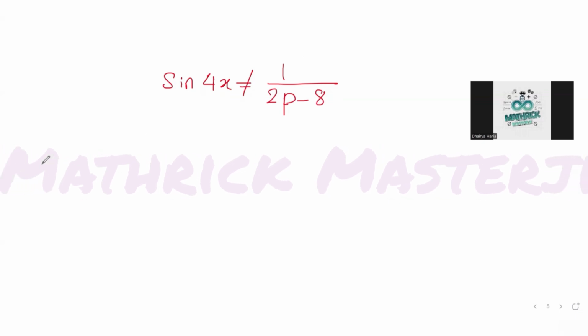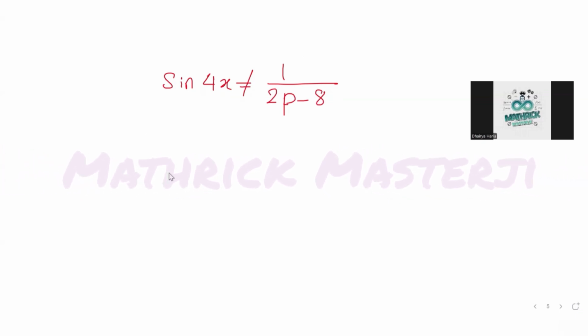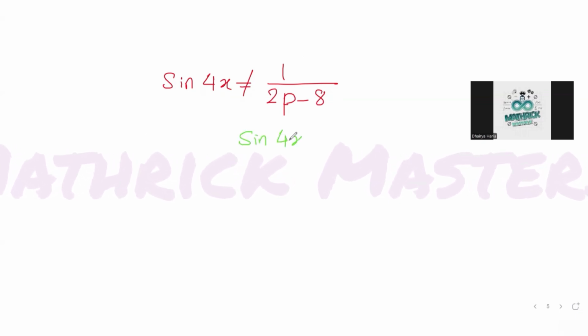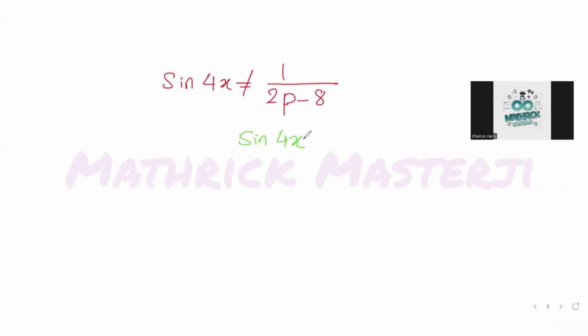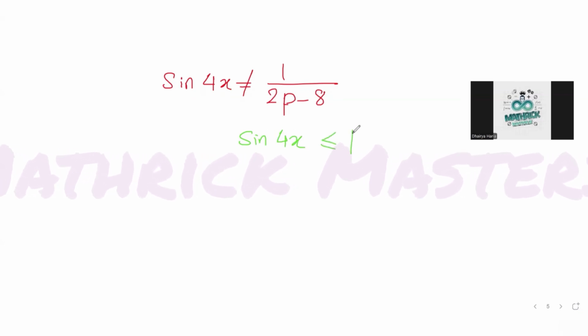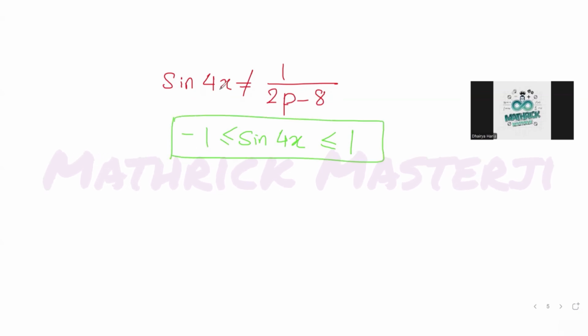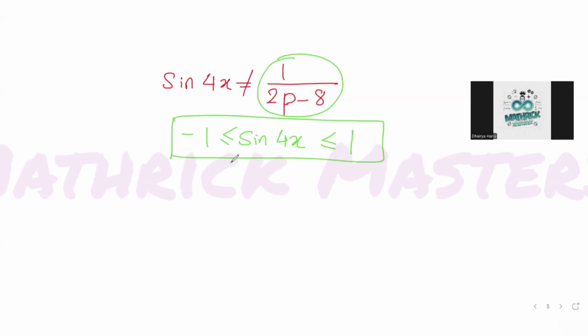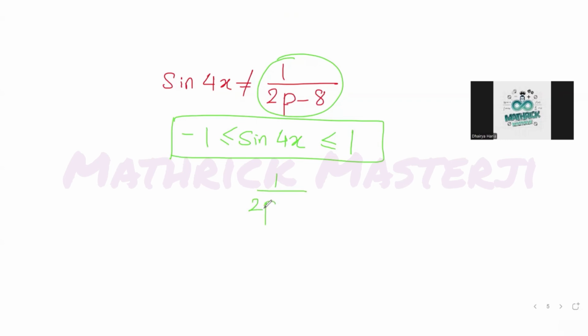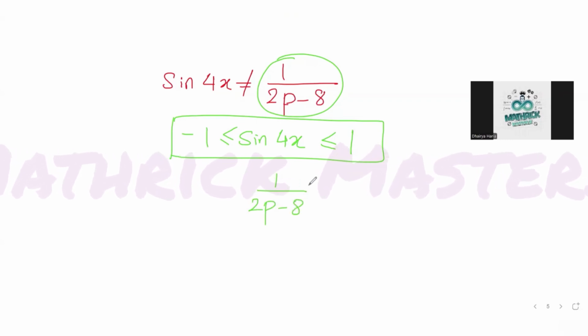So if I try to figure out the maximum and minimum values for the sine function, I know that sine of anything can be maximum 1 and minimum minus 1. And if it's not equal to this function, this other function can have the opposite idea as possible.